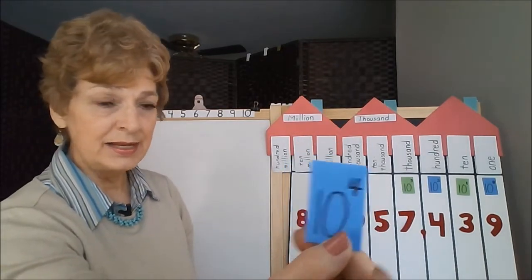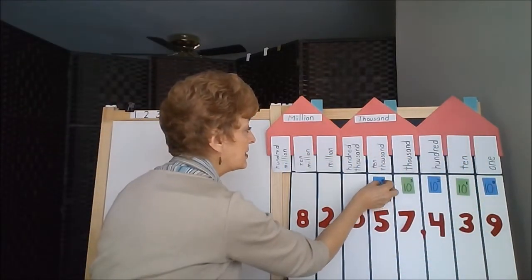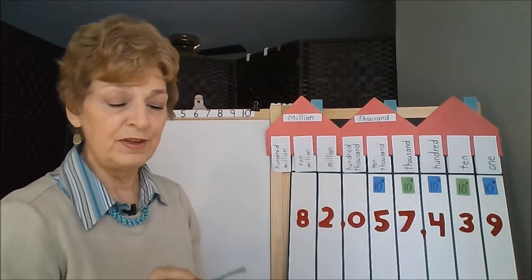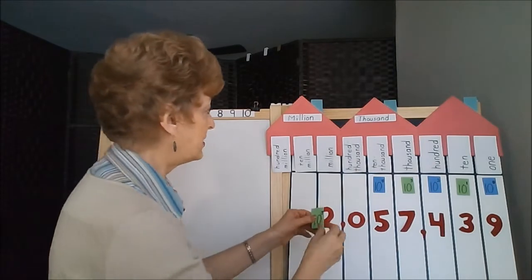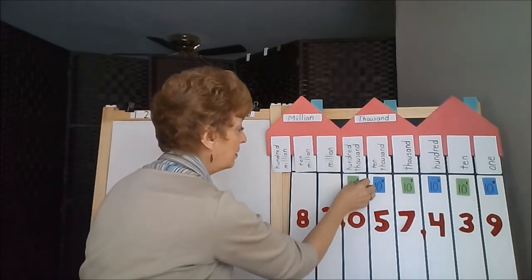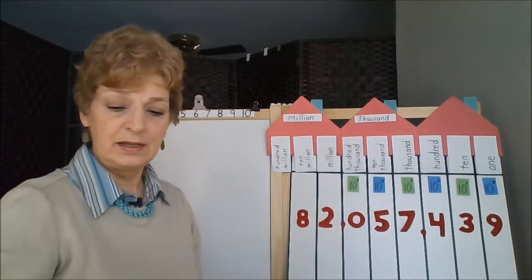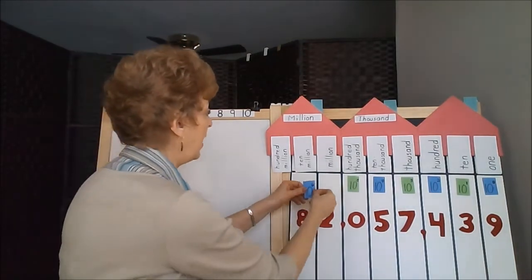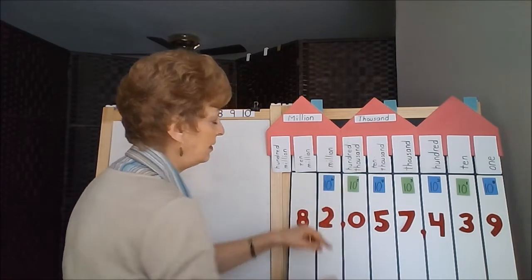Here's 10 to the 4th power is 10,000. 10 to the 5th power represents the 100,000s column. 10 to the 6th power, we're now into the millions family.